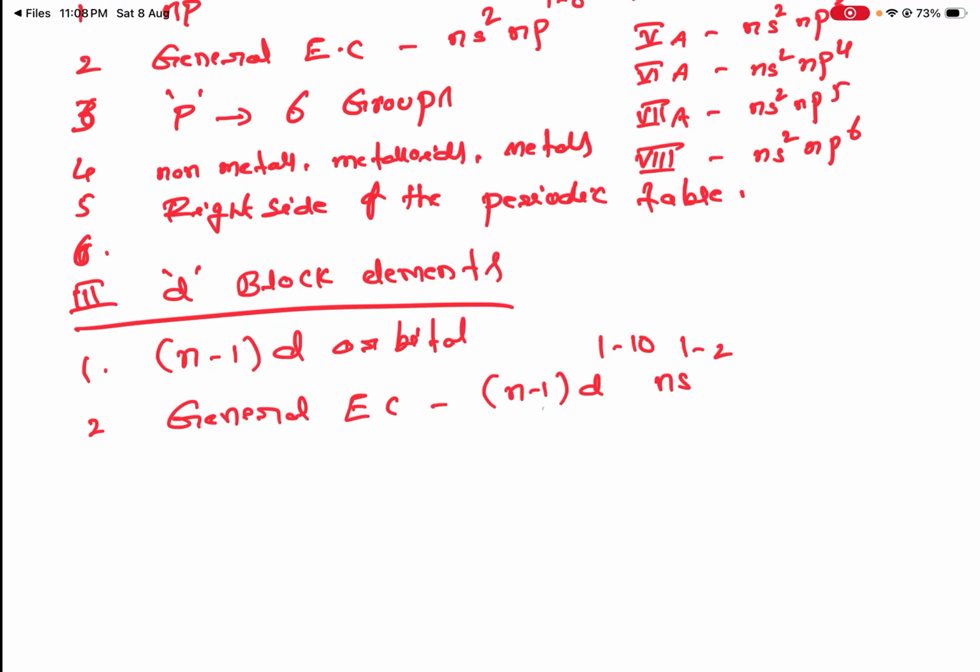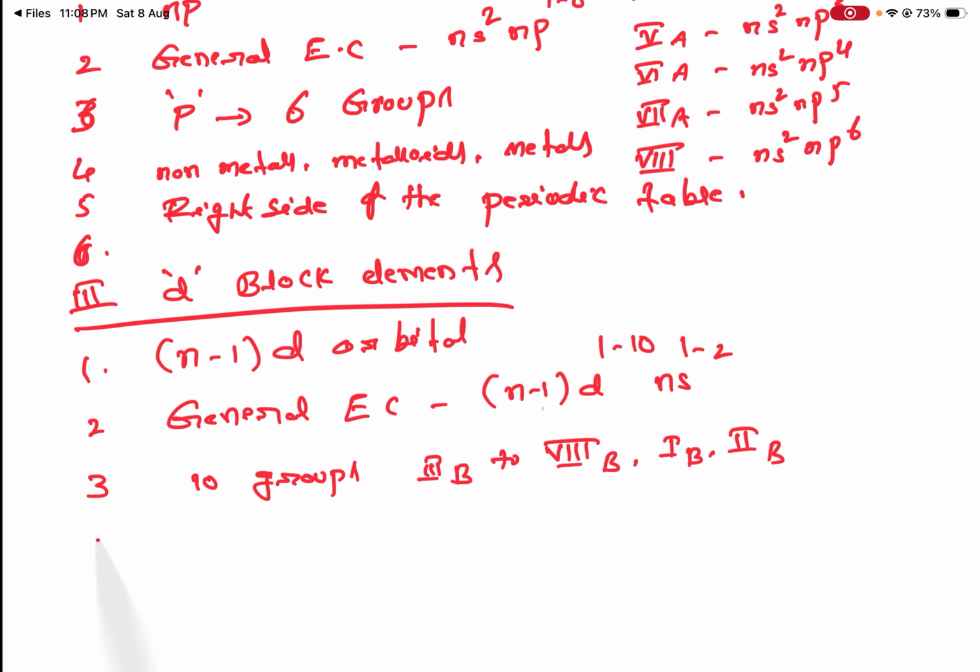This d block contains 10 groups, that is 3B to 8B, 1B, 2B. So a total of 10 groups are present.